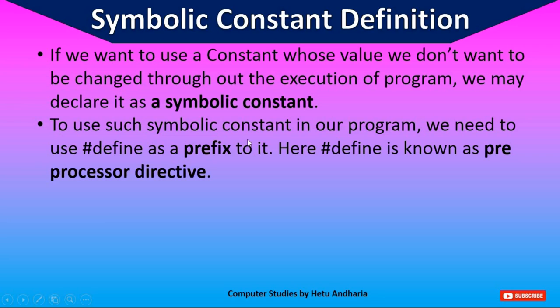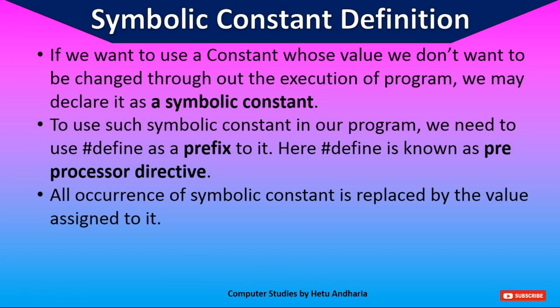Now to use such a symbolic constant in our program, the syntax is to use hash or hashtag define as a prefix to it. Here hash define is known as a preprocessor directive. Now whatever I have marked in bold, that could form an MCQ, remember that.